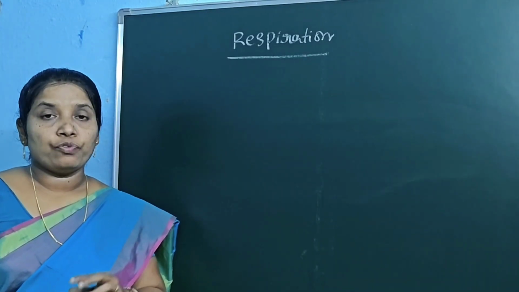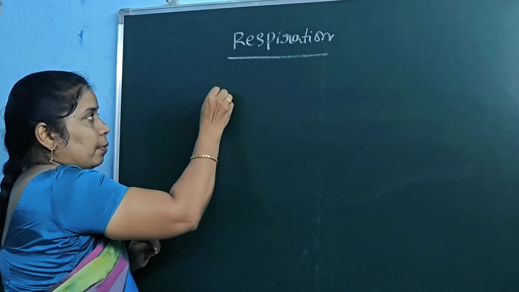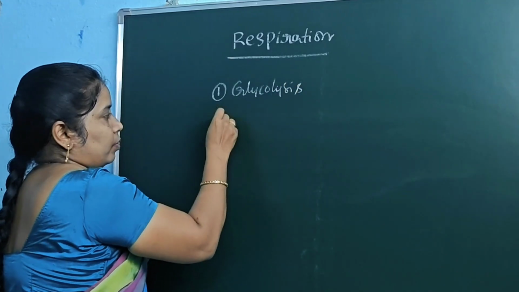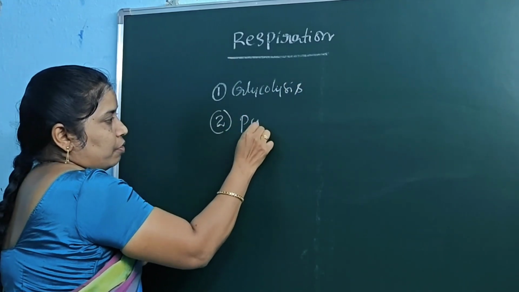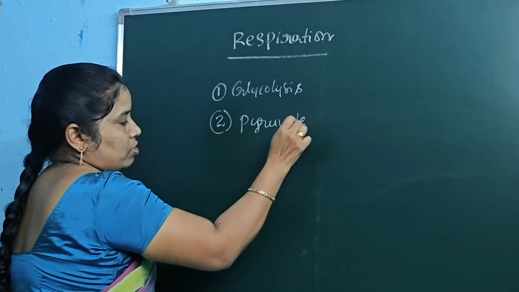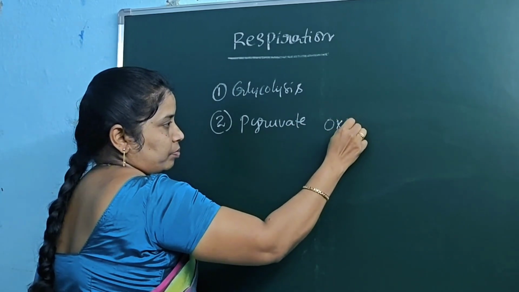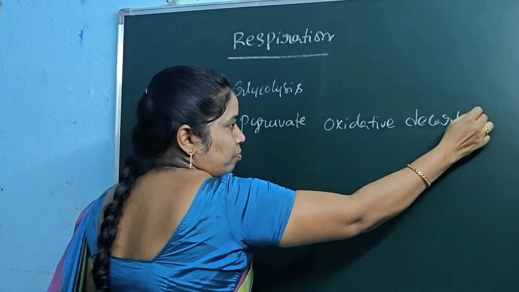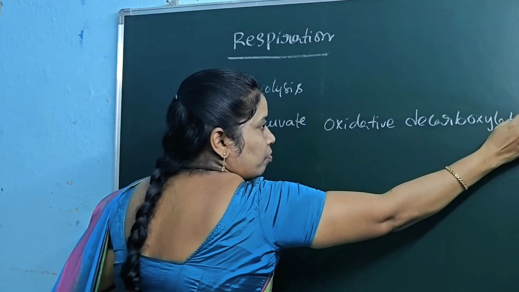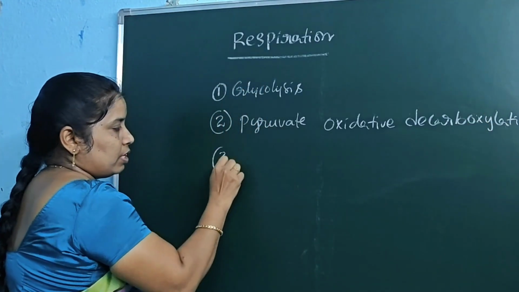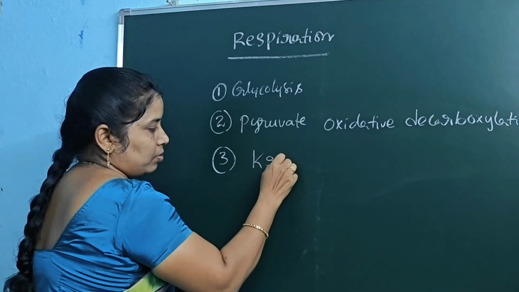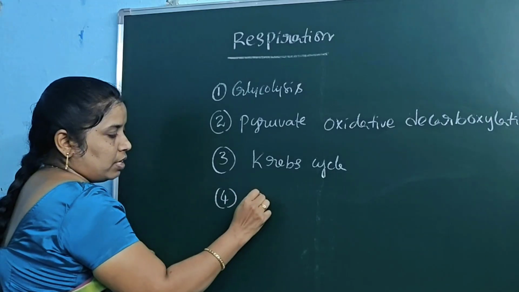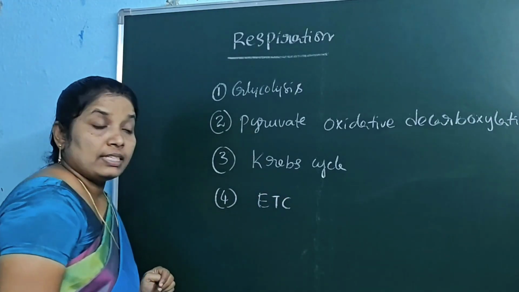Aerobic respiration involves four major pathways. They are glycolysis, pyruvate oxidative decarboxylation, third one the Krebs cycle, and fourth one the electron transport chain.